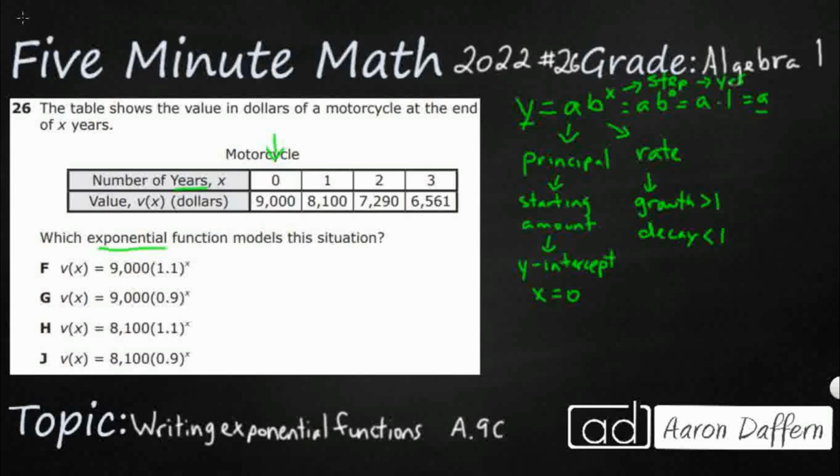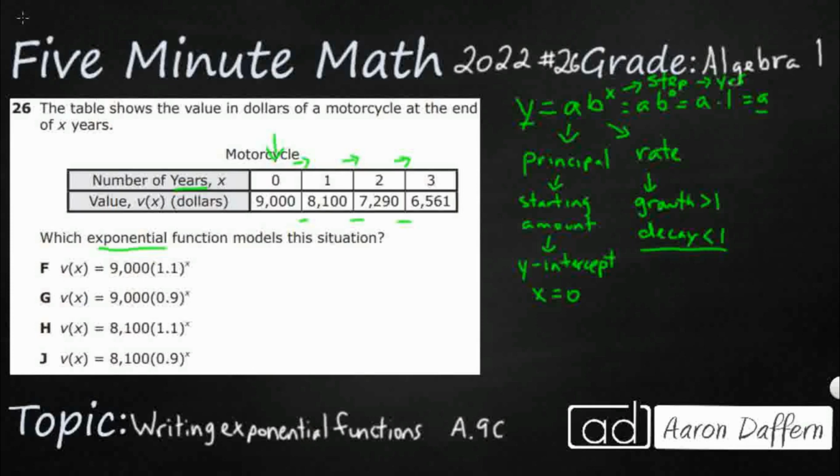Now, going back to our b, we can make an inference about our rate, because look what happens as the years progress: 0 to 1, 1 to 2, 2 to 3. Look what happens to the value. It goes down each time. So we can say it is going to be a decay rate.